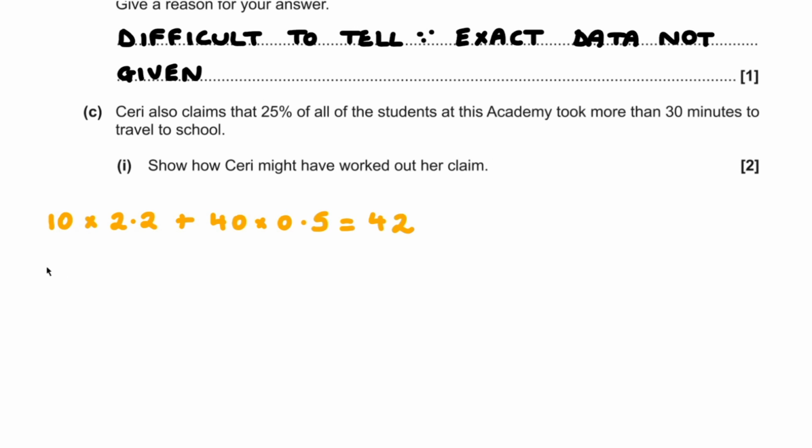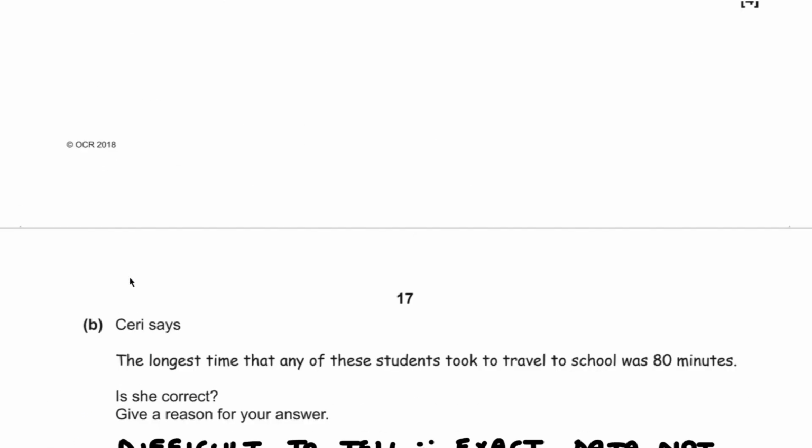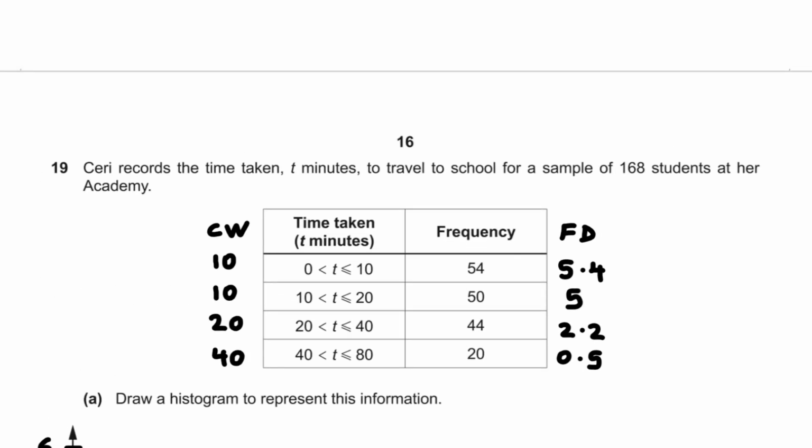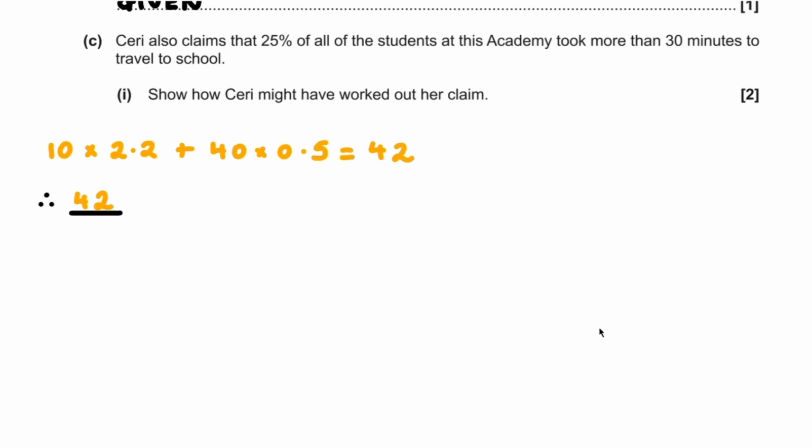And therefore, to determine our percentage, we need to do 42 over, now here, the total number is 168. So we need to divide this by 168. And if I work out what this is, I end up with a quarter, which is 25%.